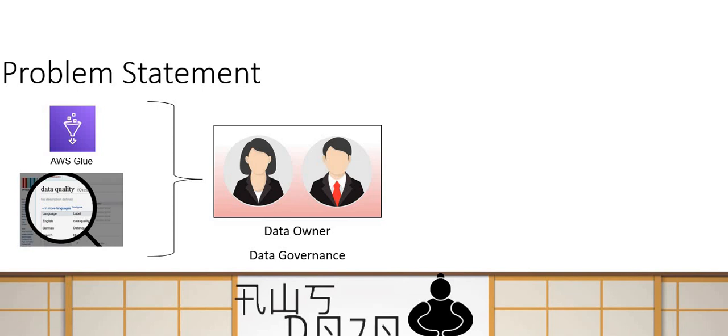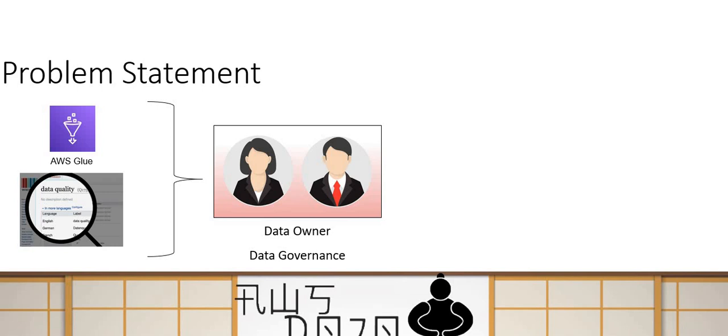So they manage the end-to-end data lifecycle. They are genuinely interested in the quality of the data, because they don't want the data they own to be of bad quality when reaching their end customers or end users.